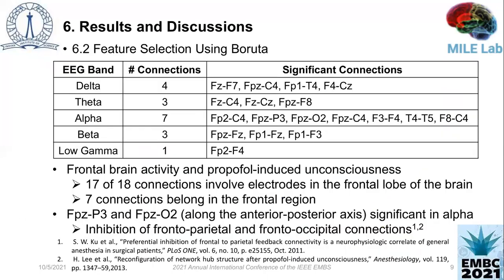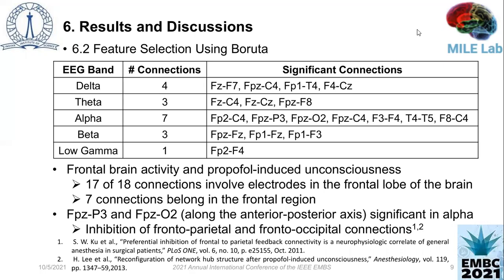As already mentioned, Boruta-based feature selection was done separately for each specific EEG band to identify all relevant feature subsets that can effectively distinguish the target classes. The connections identified as significant are shown in the table. There are 18 connections identified as significant, which involved electrodes in the frontal lobe of the brain.